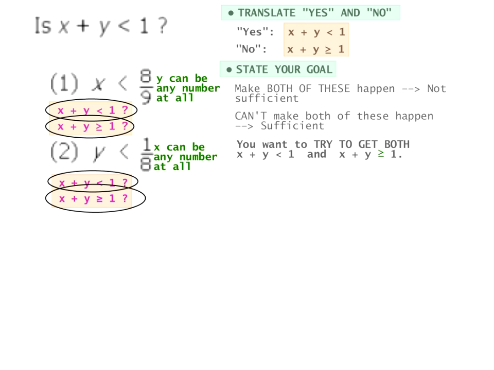Now, let's look at these together. These are still the goals. One of these is quite easy to get, which is x plus y less than 1. There are lots and lots and lots of ways to do that. So, for example, if they're both 0, then, yeah, zeros are a good place to start.